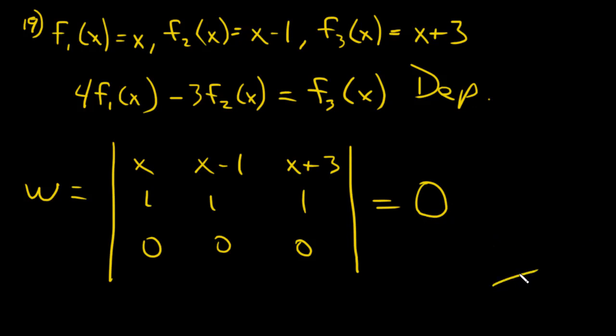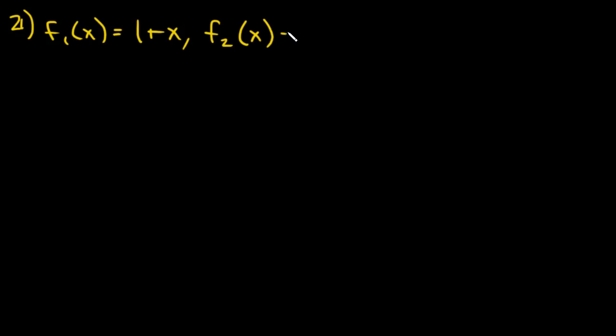Alrighty? So now we can move to the last one. The last one was number 21, I think it was. So 21, we had f1 of x is equal to 1 plus x, f2 of x is equal to x, and f3 of x is equal to x squared.